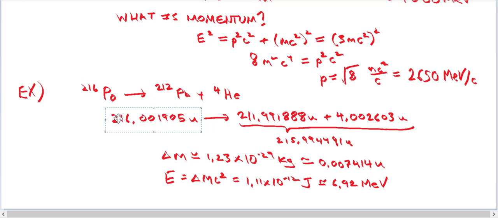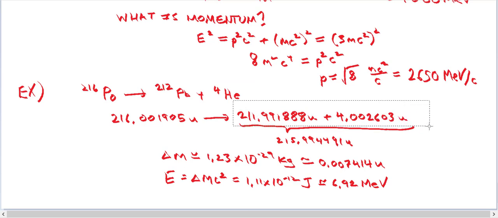The rest mass of polonium-216 is 216.001905 atomic mass units. The rest mass of a lead-212 is 211.991888 atomic mass units, and the rest mass of a helium nucleus is 4.002603 atomic mass units.